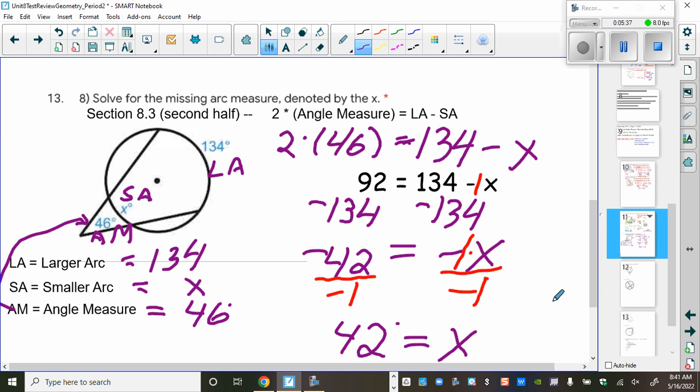So 42 will equal x. That's what we have going on here. So that's our setup for this type of problem.